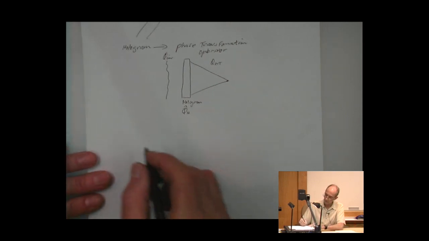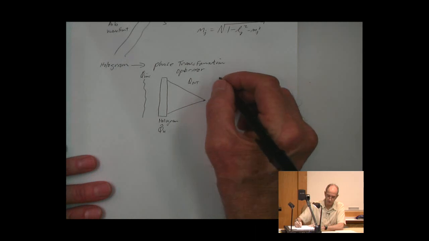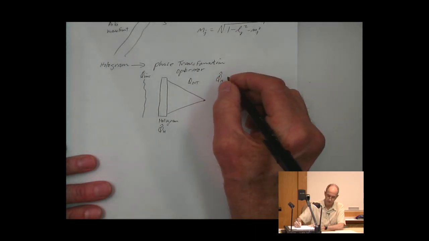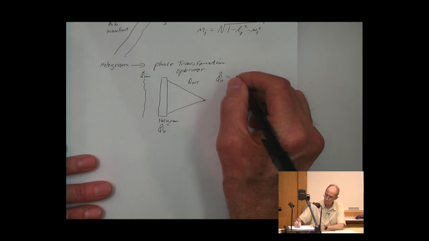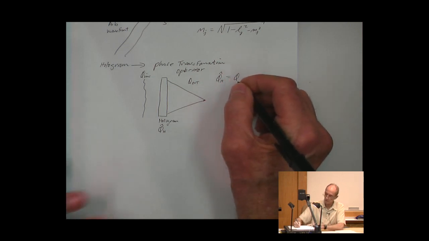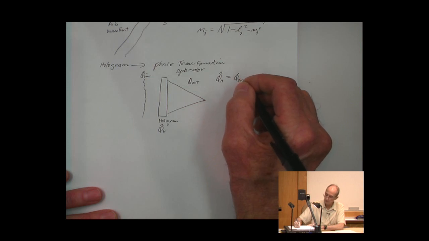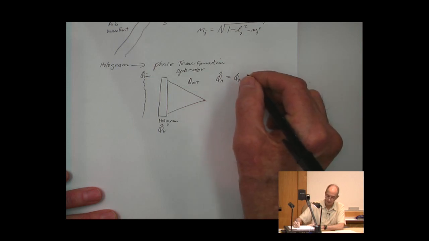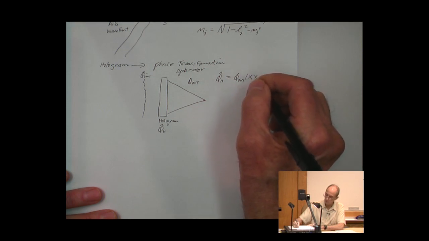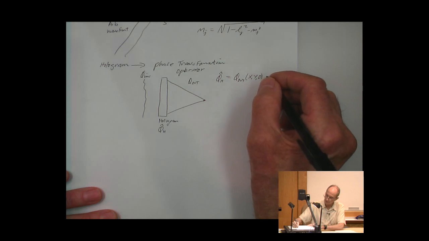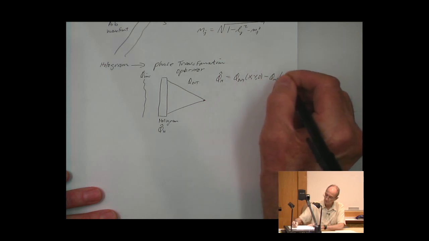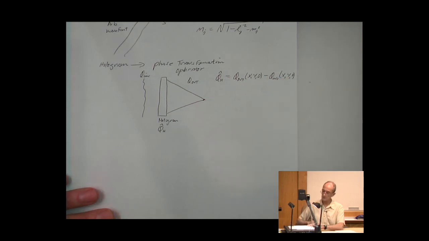So again, we could just express that simply as our holographic operator is equal to what we want for this holographic operator. We can say that we have a phi sub out, again a function of x, y, perhaps z equals 0, at the hologram plane, minus phi incident, again at x, y, 0.